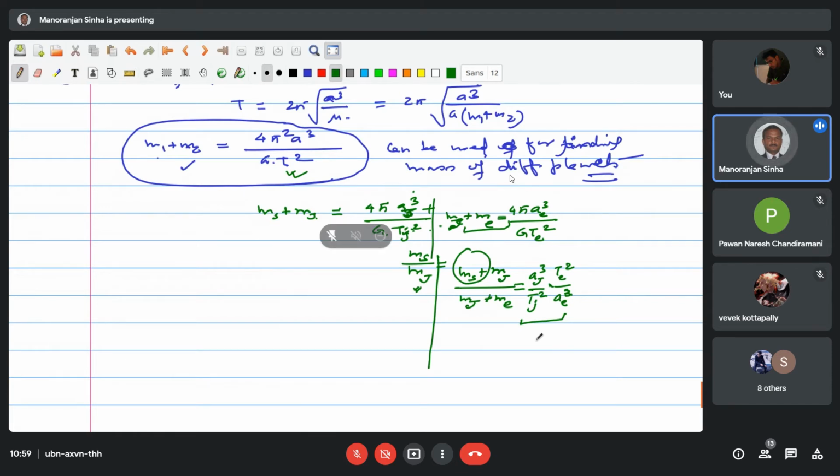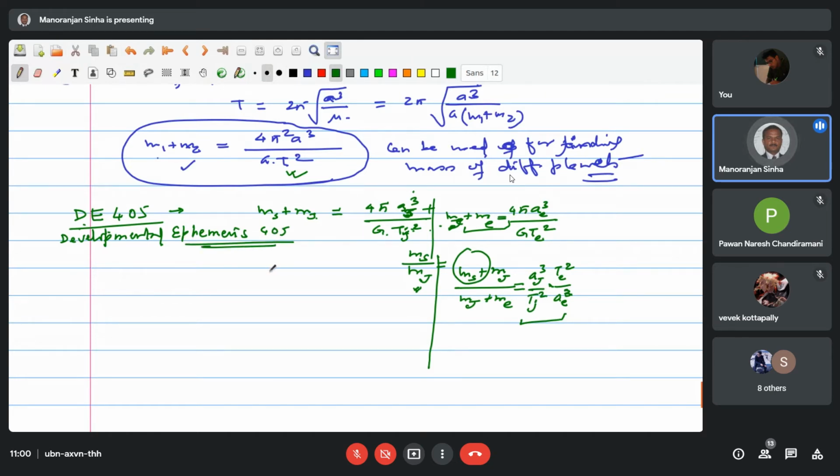And in this respect, while I was working for Chandrayaan 1, at that time we had DE405. This is Developmental Ephemeris 405.